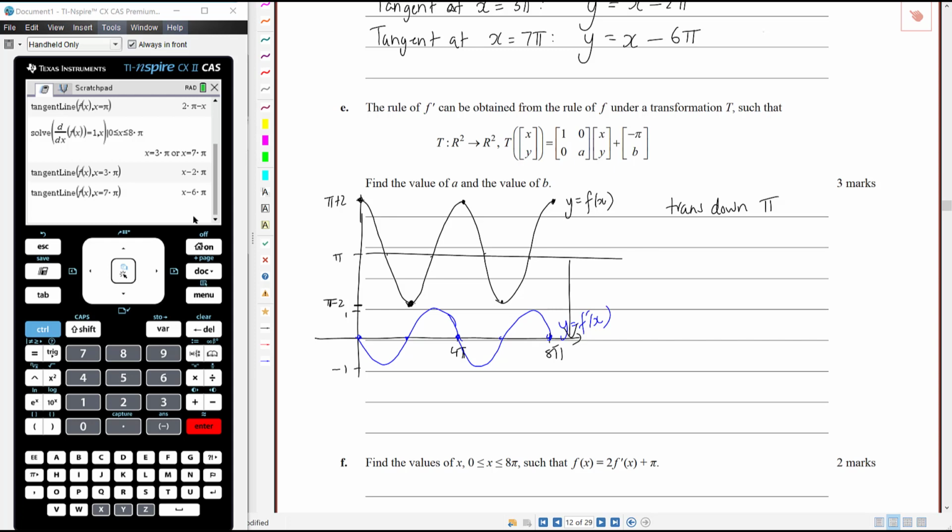If we think about this, once we move it down, it's going to come down sort of under here somewhere, but I need the minimum to align, so I'm going to need to translate it to the left by, now that's 2 pi and that's pi, so it needs to go left by pi. In translation, left by pi, so down by pi and left by pi. The left by pi is actually already showing, that's there. So the down by pi means that b is going to be negative pi.